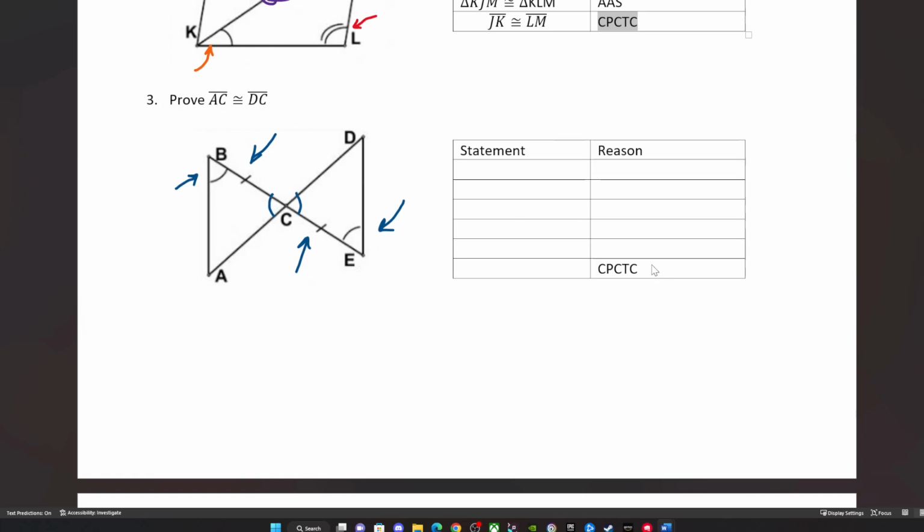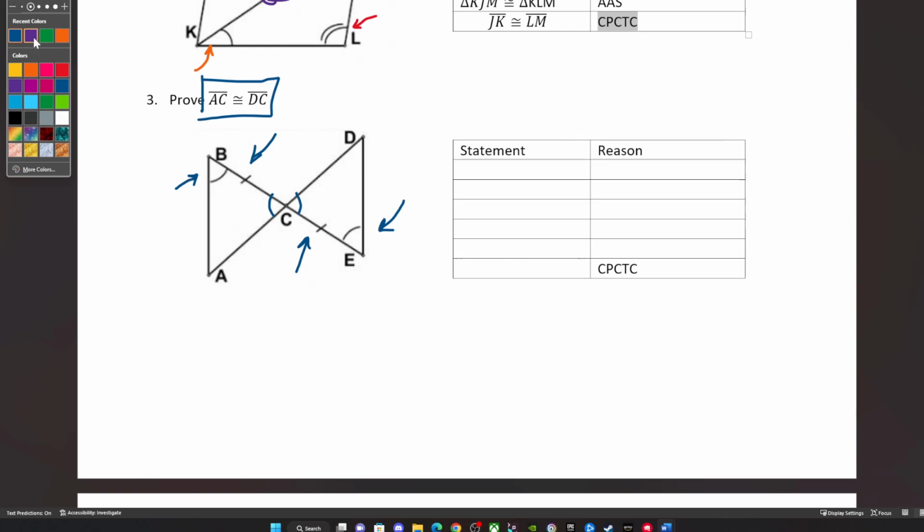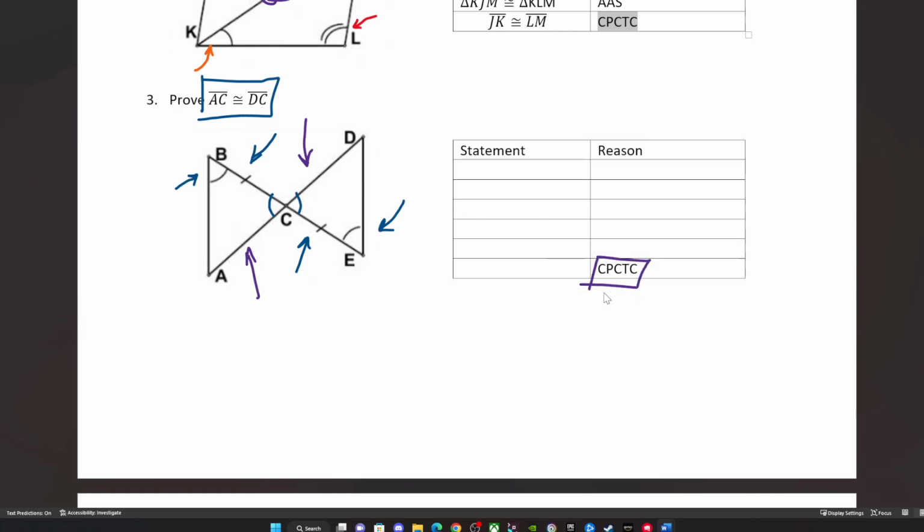And we're going to be using CPCTC again because we want to show that segment AC, this segment right here, is congruent to DC, this segment right here. Well, these two segments, AC and DC, are corresponding parts. And we know that corresponding parts of congruent triangles are congruent.